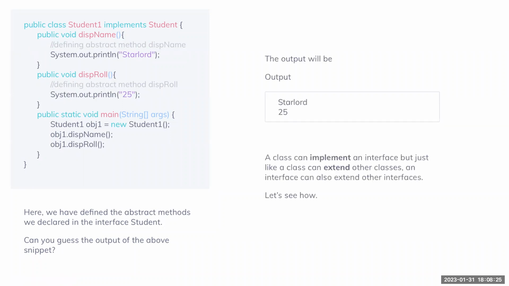A class can implement an interface, but just like a class can extend other classes, interfaces can extend other interfaces. So you might have understood, right? If you want to extend an interface to another interface, you can still do that.